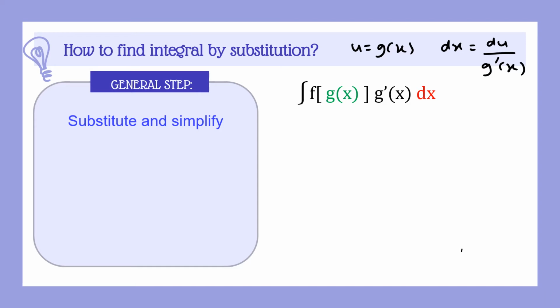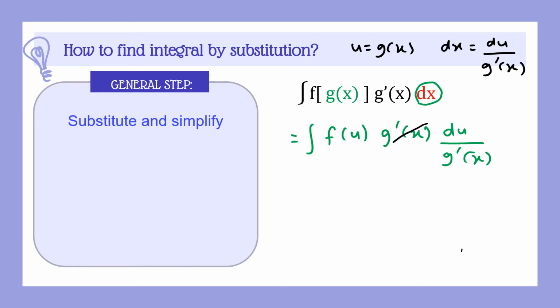We get integrate f(u) and then g'(x), and then we substitute dx, so we get du over g'(x). And then we cancel out g'(x), and we get integrate f(u) du.